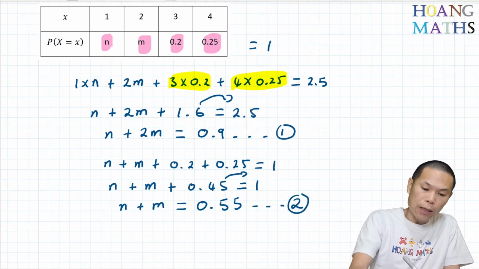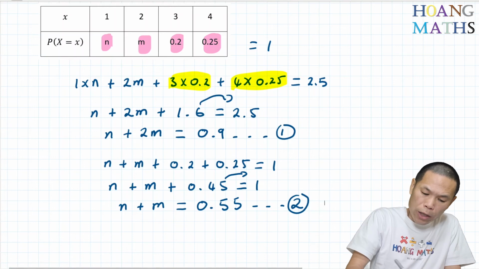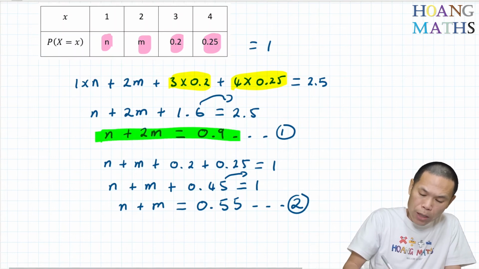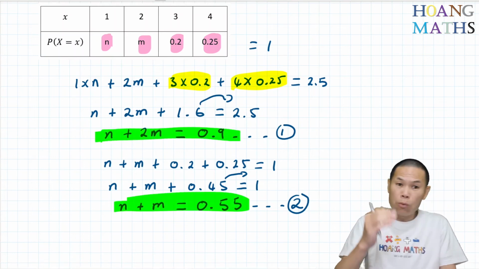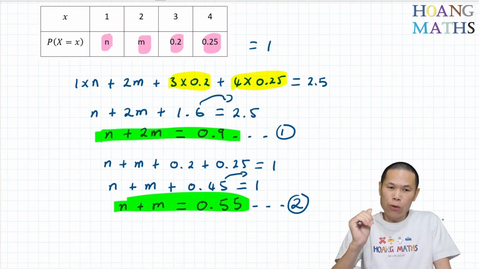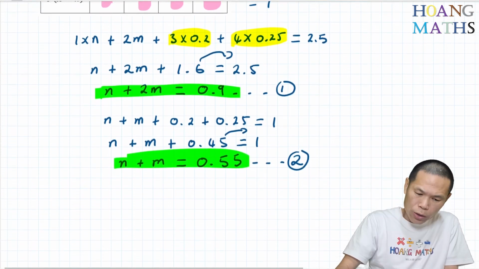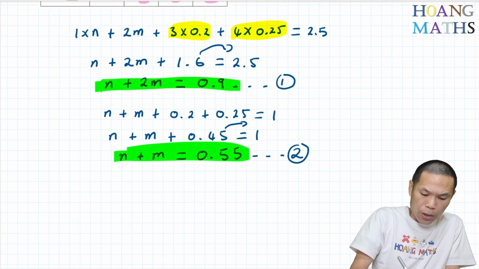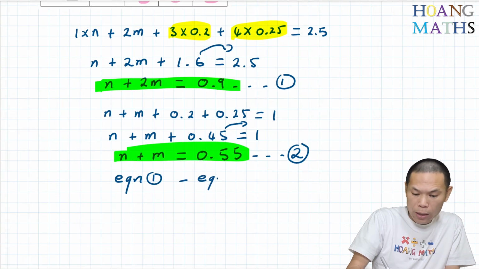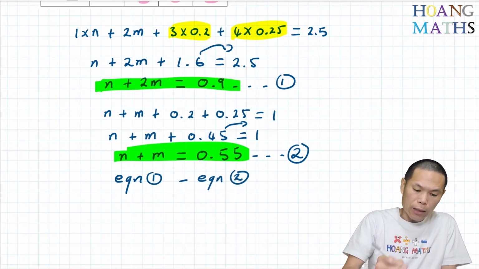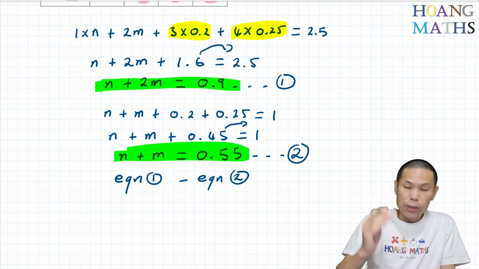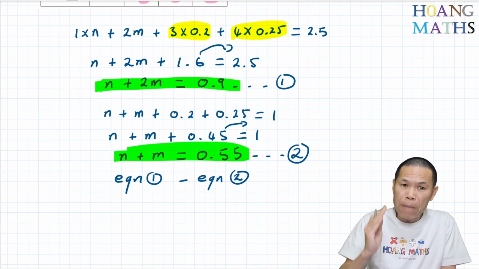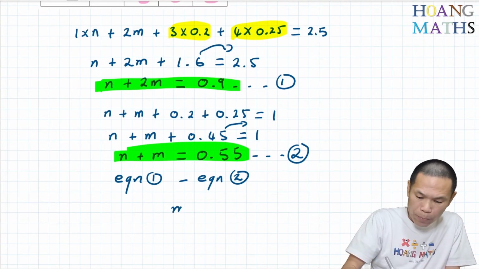So we can see that if we minus equation number 2 from equation number 1, in other words, equation number 1 minus equation number 2, that should give me, let me just write this down. So equation number 1, we minus equation number 2. So n minus n cancels out. 2m minus m leaves m.